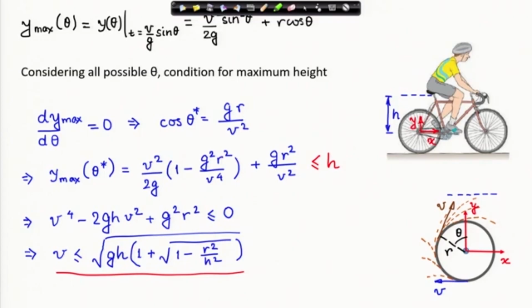So, you need to know the height of the seat, the saddle, from the center of the wheel, and you will require the radius of the wheel and the acceleration due to gravity, and you can find out what should be the maximum speed of cycling, so that even without mud guards the mud will not splash on you.